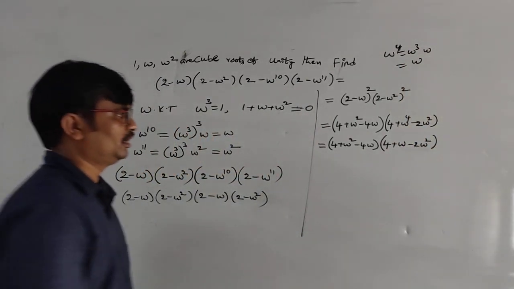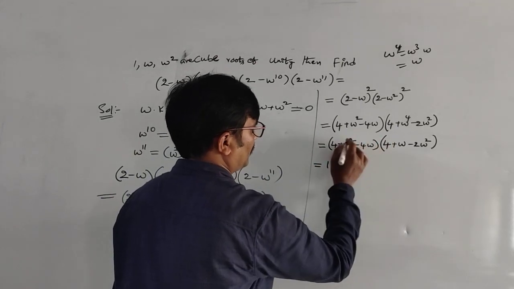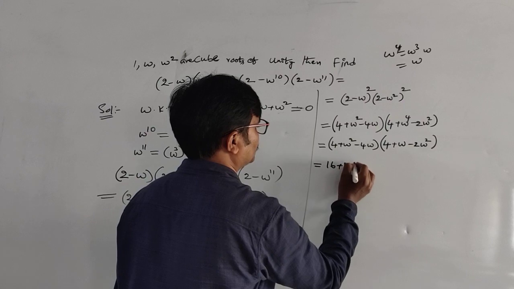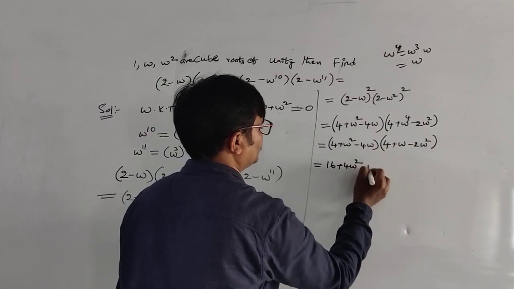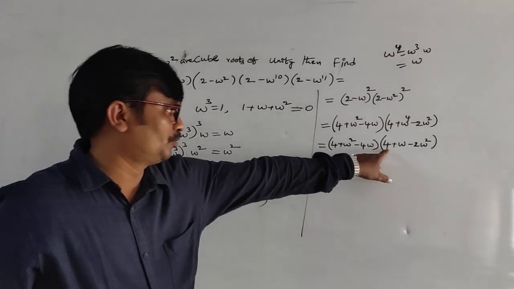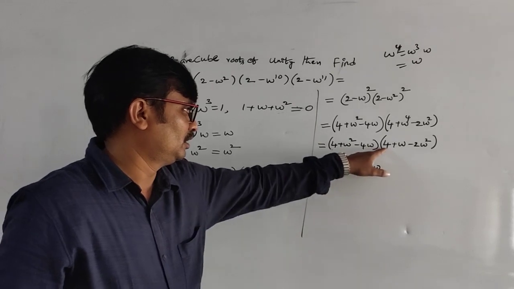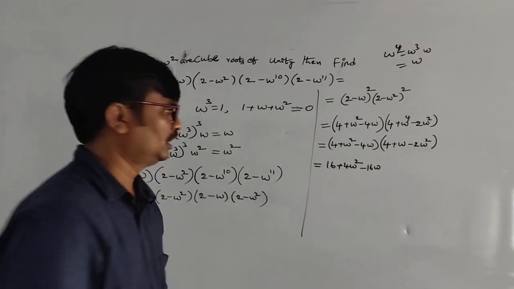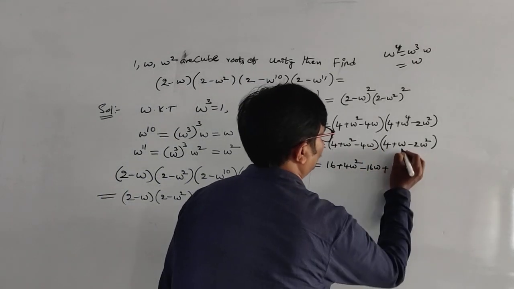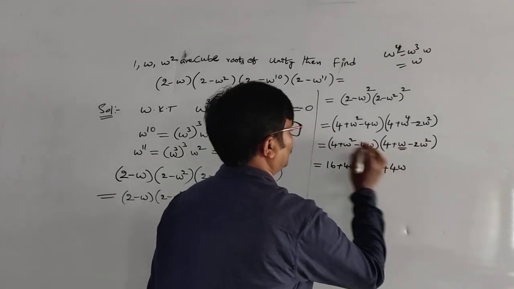Now students, the multiplication with 4: 4 into 4 is 16, so this is 4 omega square minus 16 omega. After that, we have to multiply with omega.